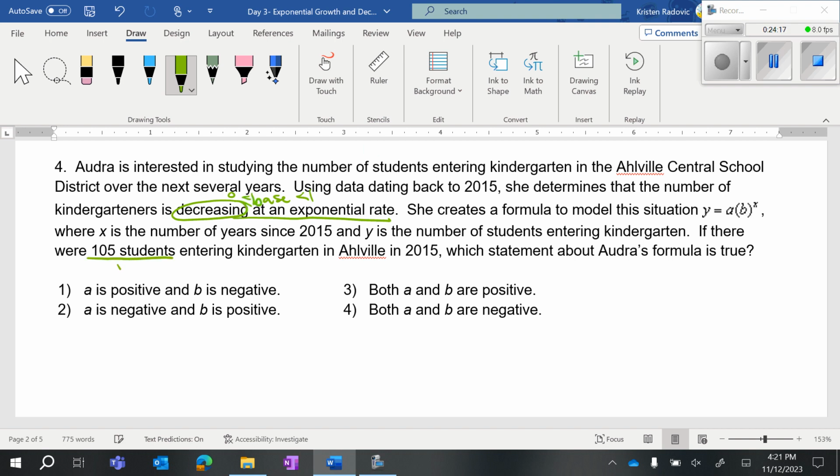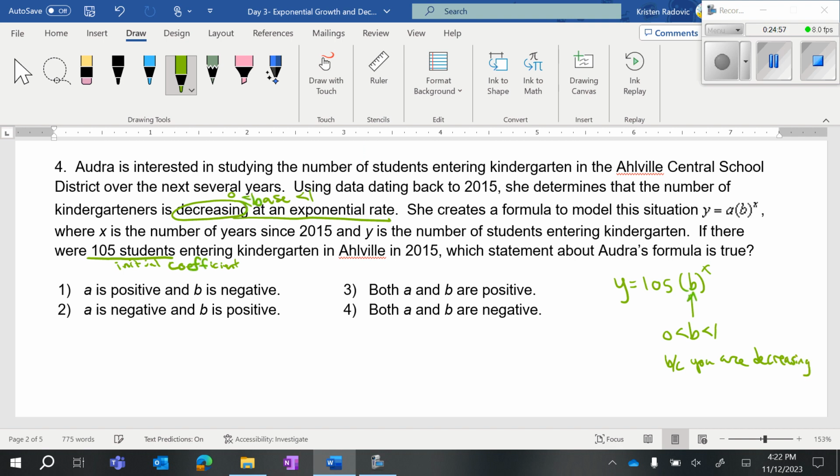So 105 is your initial. Your initial is your coefficient. So I don't know how much we're increasing or decreasing by, but I do know that this is y equals 105 times b to the x, where b is less than 1 and greater than 0, because you are decreasing.